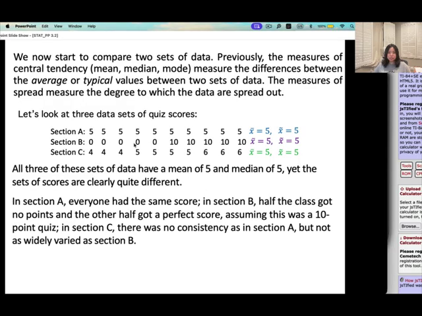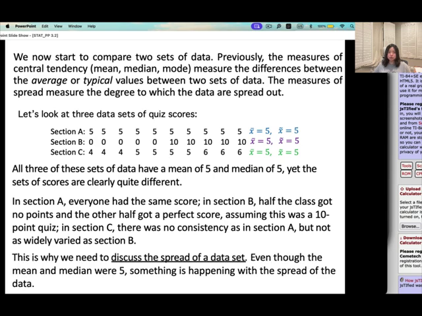For session B, half of the class got no points and half the class got the perfect score. And session C has no consistency as in session A, but is not as widely varied as session B. This is why we need to discuss the spread of a data set. Even though the mean and the median were 5, something is happening with the spread of the data.